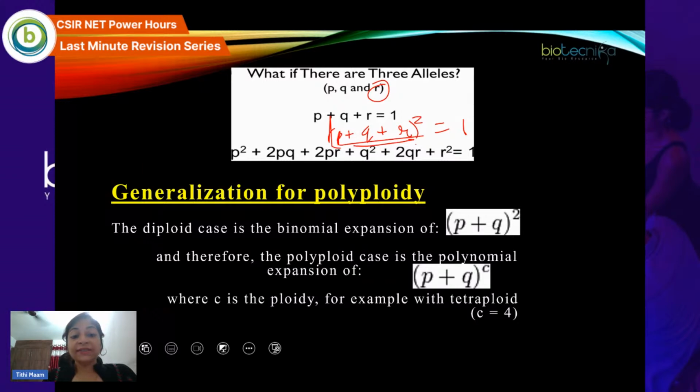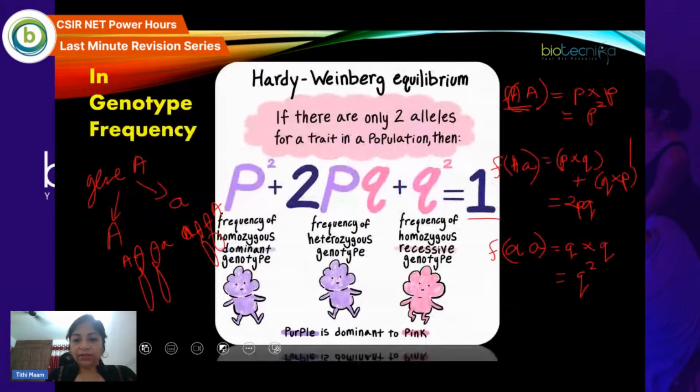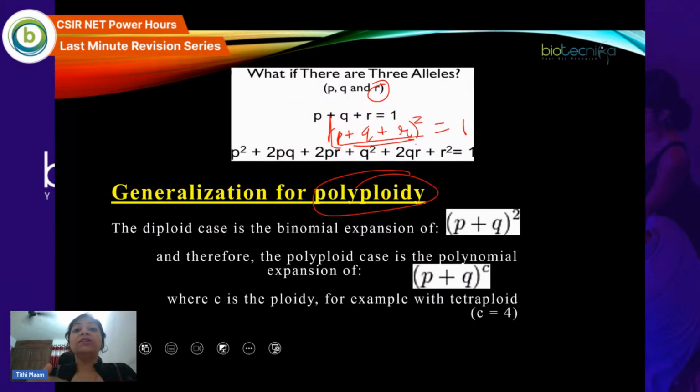Now, in the same way, Hardy-Weinberg equilibrium can also be applied for polyploid conditions. See here, this equation, if we want to simplify, it will be p plus q whole square, right? So where is this square coming from? The square is coming because each individual has two copies of each gene. If the individual has a polyploid situation where more than two copies of a gene are present, then this exponent will change.